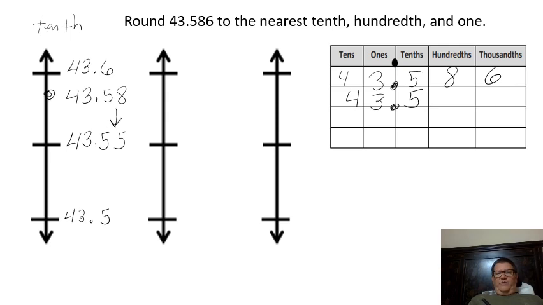So I know it would be roughly right here. So since it's on or above midpoint, we would round this one to the nearest tenth, which is 43 and 6/10.